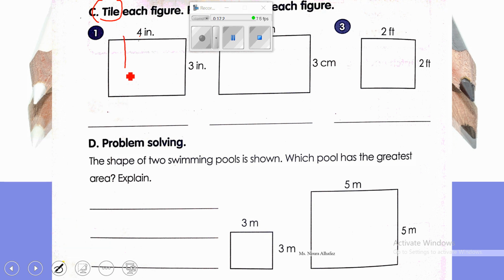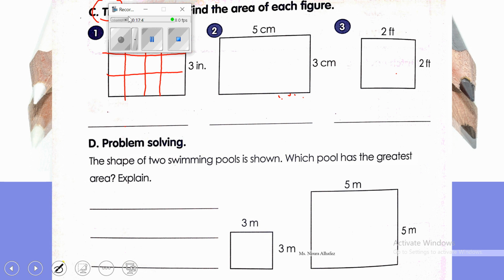So here is 1, 2, 3. So 4 columns, and I have to draw 2 lines for the 3 rows. 1, 2. After that, I write the answer. So I have to tile. Tile means to partition your rectangle. Here, I have to draw 1 by 1. Here, I want to draw 4 lines with 2 lines.